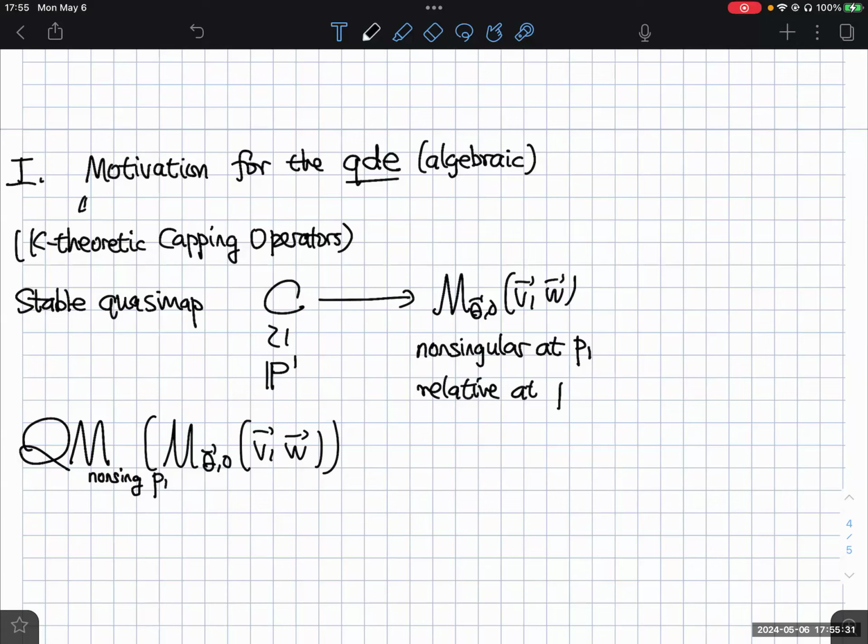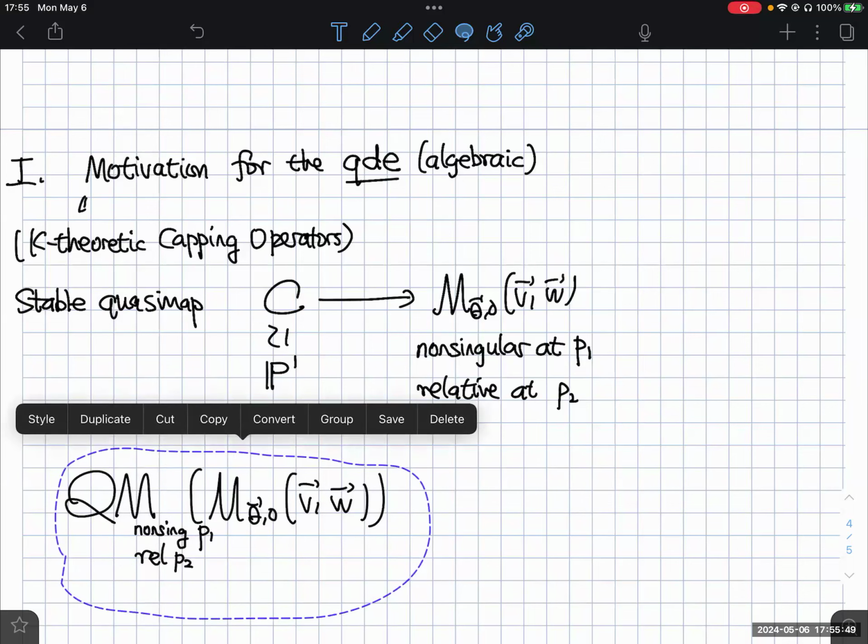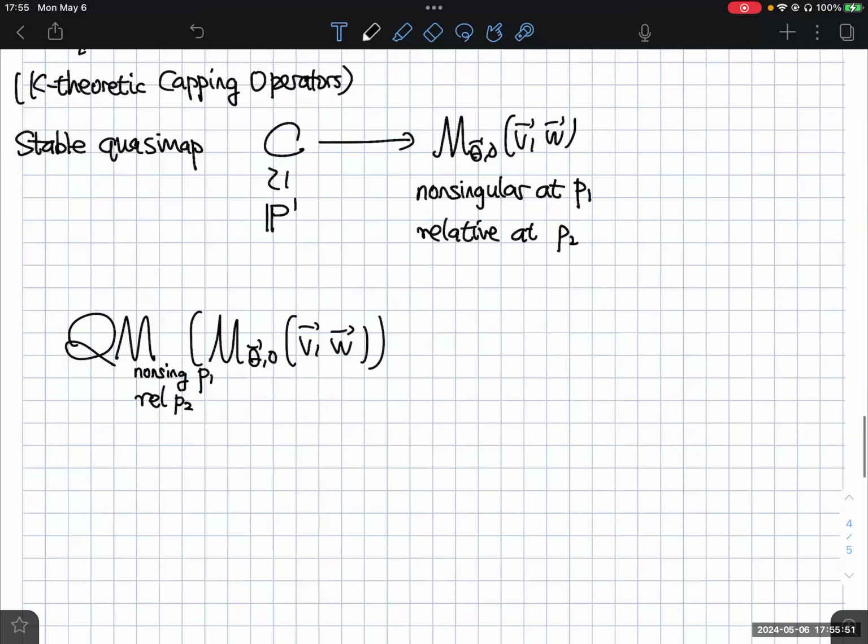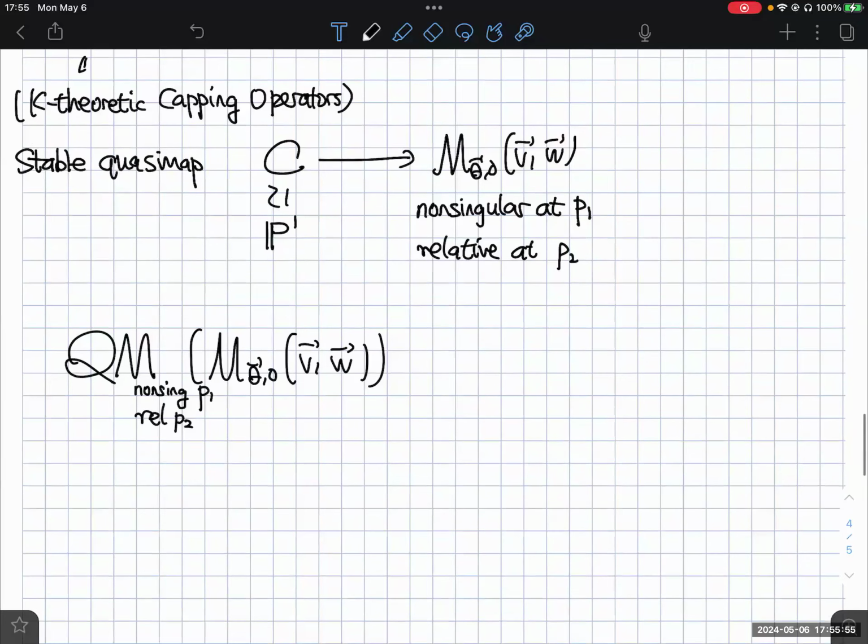Relative here means that it used to be non-singular, but we do some kind of compactification to enlarge this quasimap space to make it more feasible for us. So we consider this moduli space of stable quasimaps from P1 to the quiver varieties.